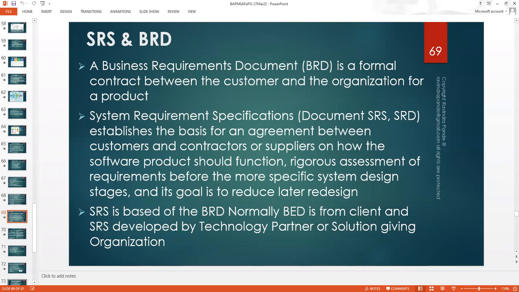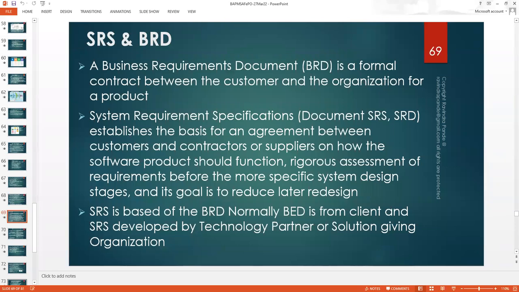It involves rigorous assessment of the requirements before the more specific system design stages, and its goal is to reduce later redesign. So the SRS includes all these things, like the basis for contracts with suppliers, what the client and the technical partner should supply, why we should supply with the best quality, and why redesign shouldn't be a normal scope.